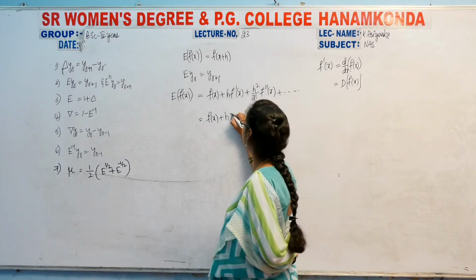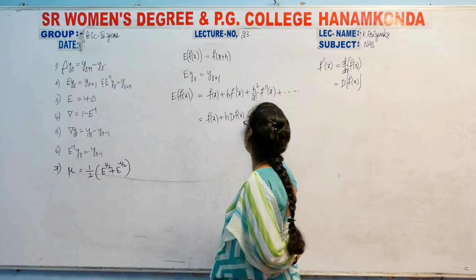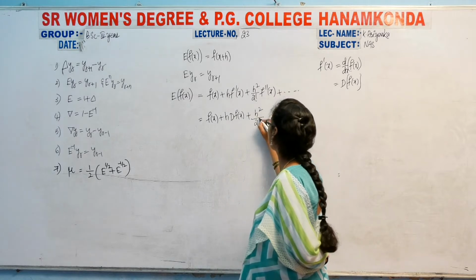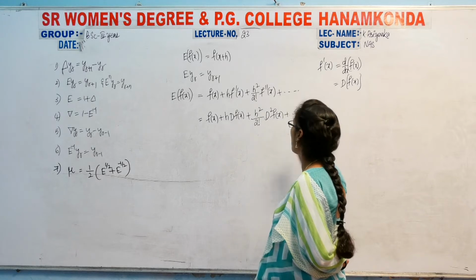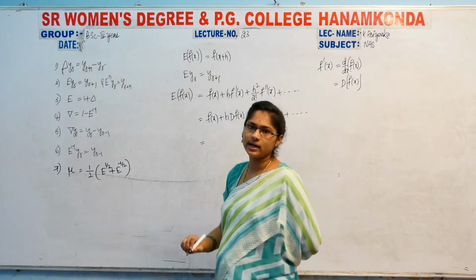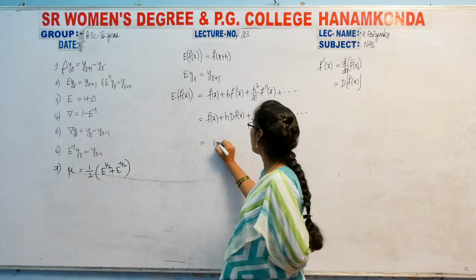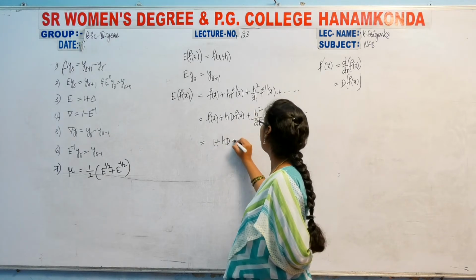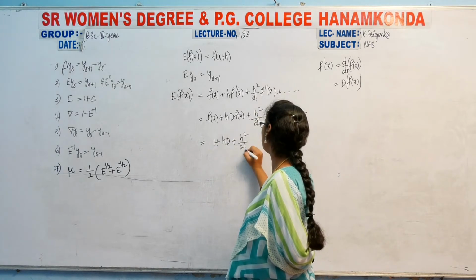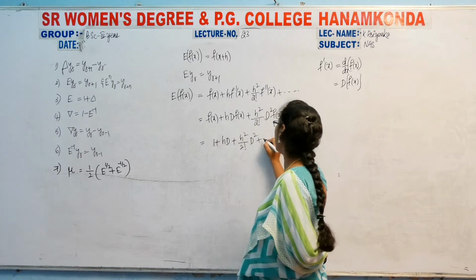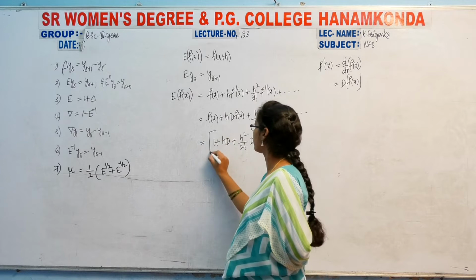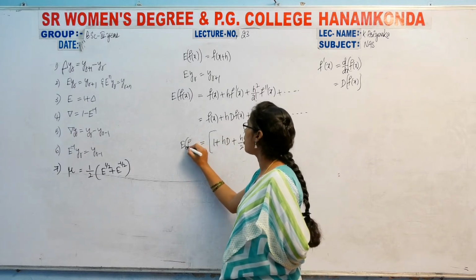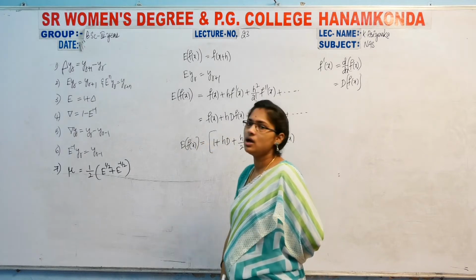Now it is nothing but D f of x plus h squared by 2 factorial into D square f of x plus so on. Now here I am taking f of x common. Then 1 plus hD plus h squared by 2 factorial D square plus so on into f of x. So it is nothing but E of f of x is equal to this one.